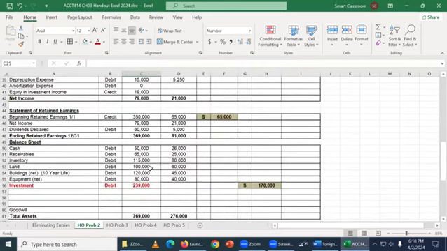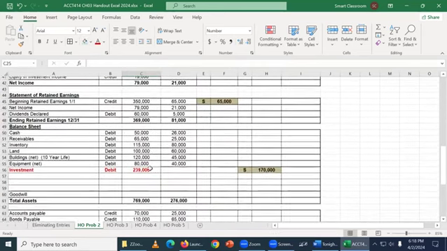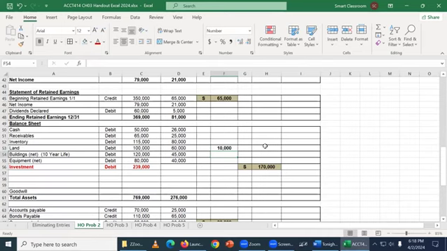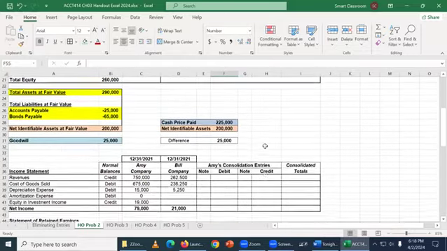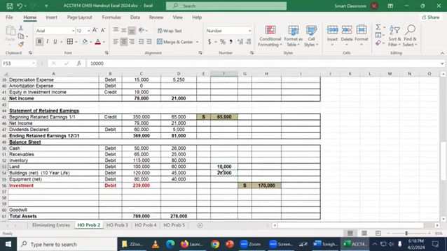Goodwill. Okay. So our land goes up by 10,000. Our building went up by 20,000. I'm going to check that just to make sure I didn't do that wrong. 10,000, 20,000. Okay. And then the one that I always forget is Goodwill.